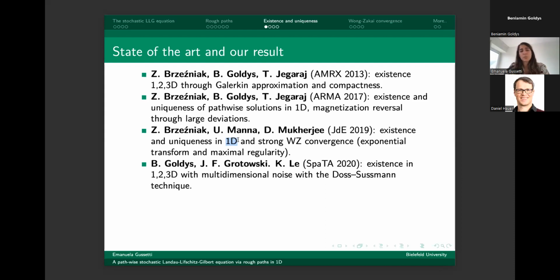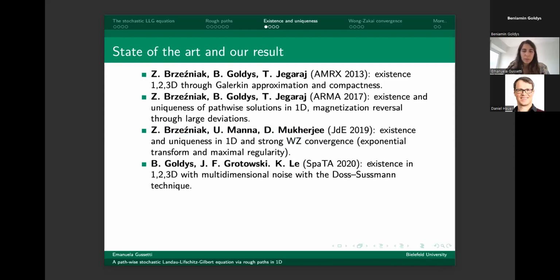And one question was whether rough paths theory could be useful to establish the strong Wong-Zakai convergence for multidimensional noise, and somehow also without using transforms. And our paper is an answer to this paper. So we are answering the question, and we say, yes, rough paths theory can help to establish a strong Wong-Zakai convergence.